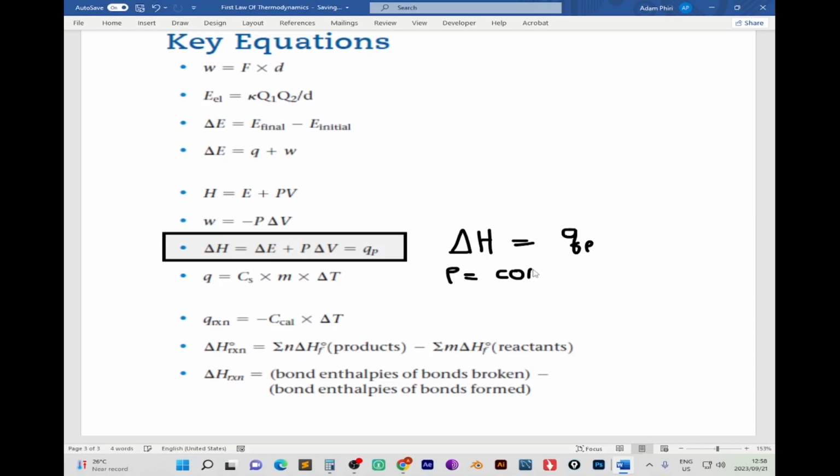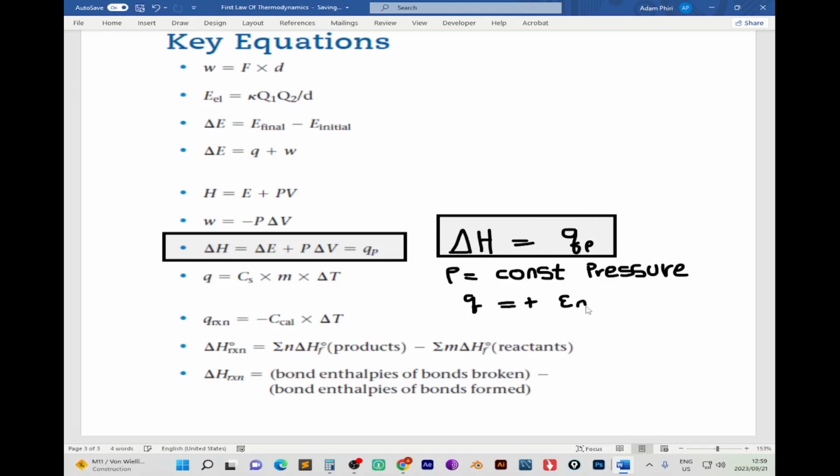The subscript P is for constant pressure. At constant pressure, Q is going to be positive, and that means it's going to be endothermic.